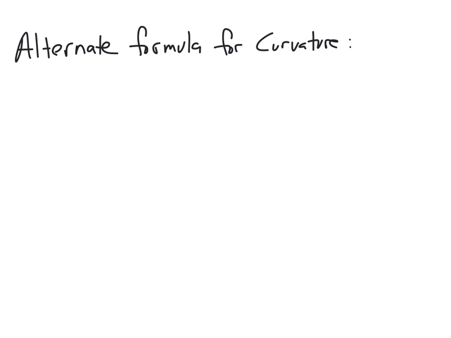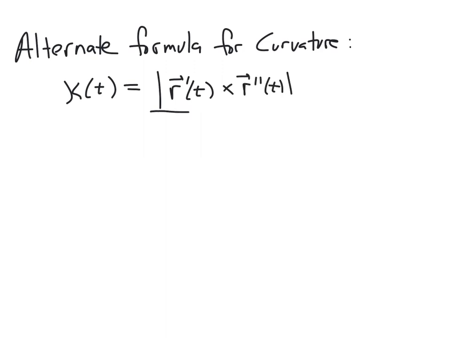That definition is as follows: kappa of t is going to equal the magnitude of r prime of t cross r double prime of t, all over the magnitude of r prime of t cubed.